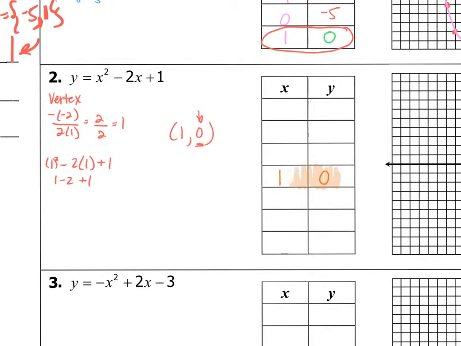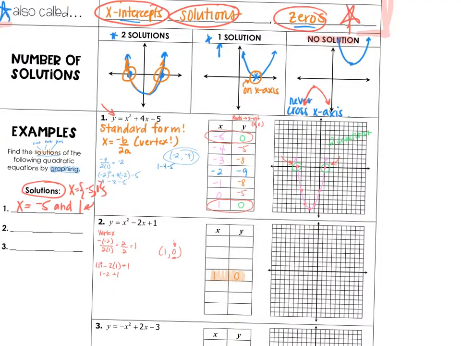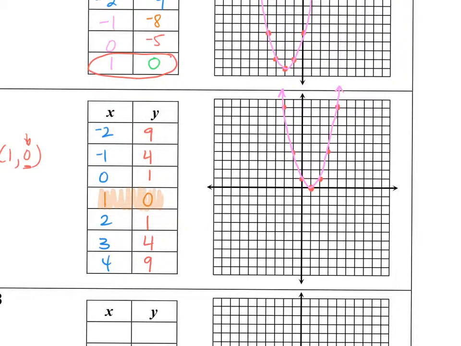And if my vertex is on the x-axis, let's zoom back out here, that means this parabola is going to have one solution, okay? So I'm going to just build the rest and graph it, and then we'll write down that one solution, that one x-intercept, that 1, 0. All right, so here is my graph, and here is my one solution.